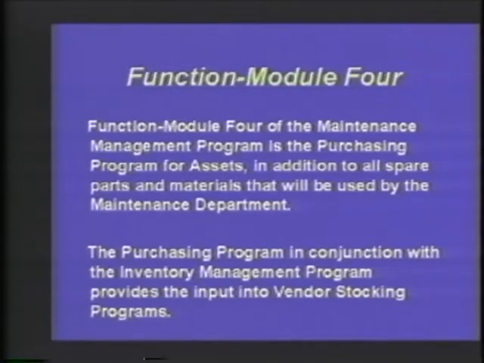And as we looked at the vendor stocking program in the previous section, section 4, the vendor stocking program is first generated as a byproduct of the ABC analysis. The various items are selected, and then it is up to purchasing to support the vendor stocking program with the various vendor base.